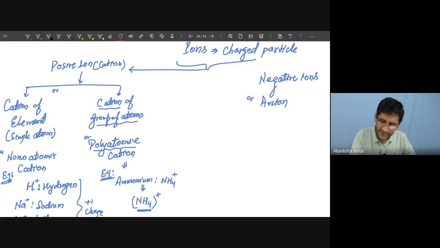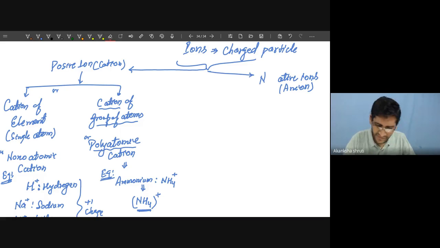One is the negative ion of an element, or anion of an element. So write this. This can be divided into 2 groups.